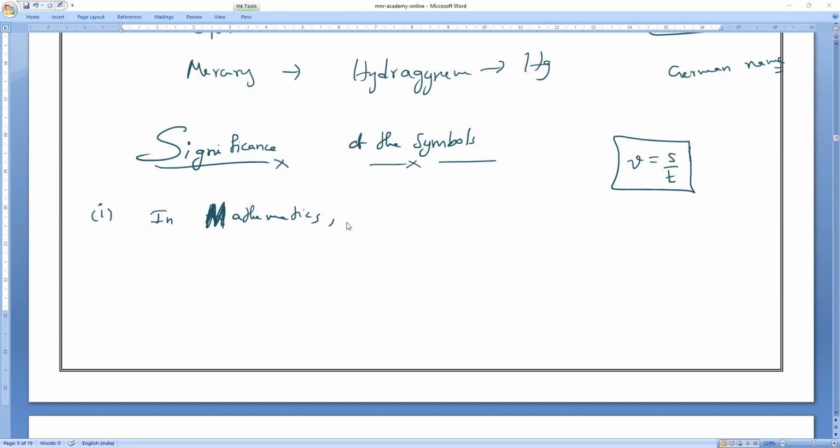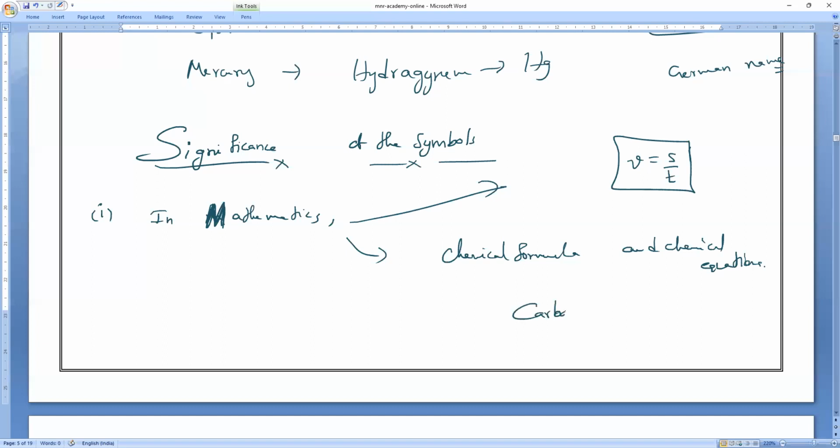Similarly in chemistry, symbols are very important as they are used in representing chemical formulas as well as chemical equations. Every time I cannot write carbon dioxide in full.